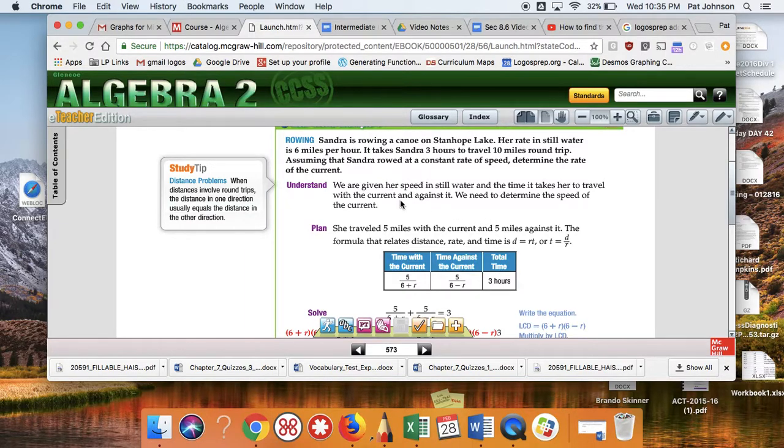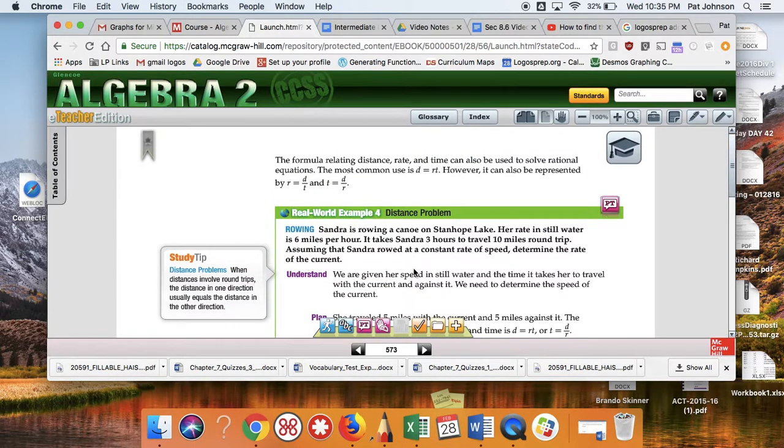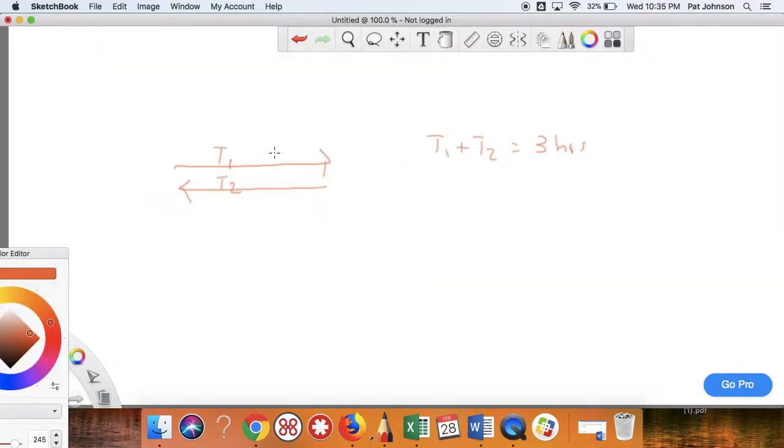We need to determine the speed of the current. Remember, time is distance over rate. Well, we know that this distance and this distance are equal, because she went round trip 10 miles, so this has to be 5 because she went to the exact place and back.